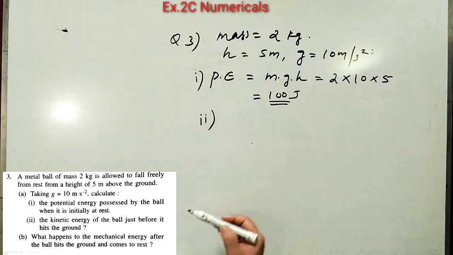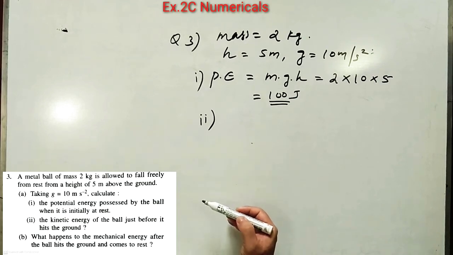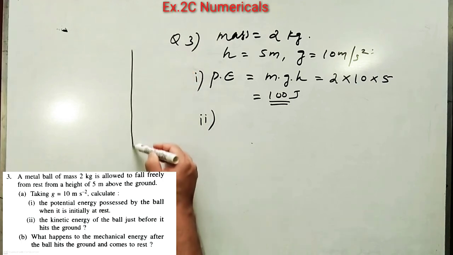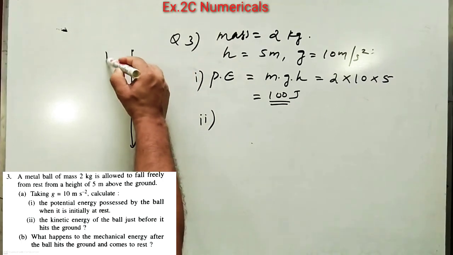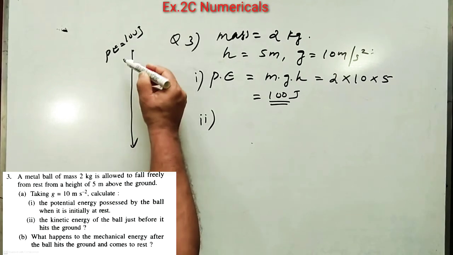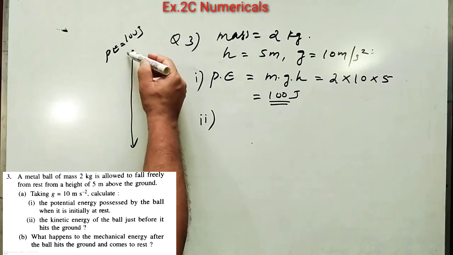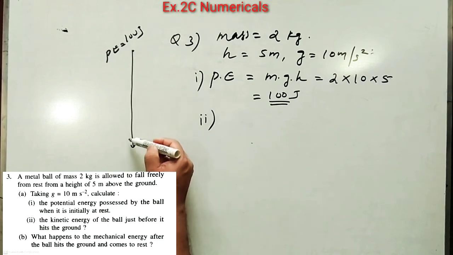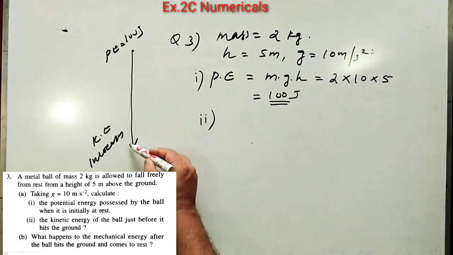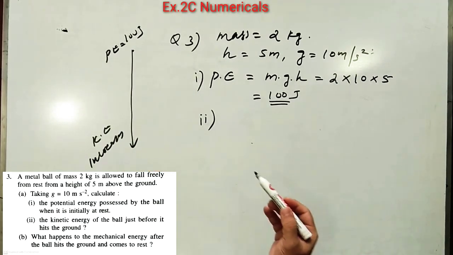Second part, the kinetic energy of the ball just before it hits the ground. Now the ball is falling down from the greatest point where potential energy was 100 joule. When the body falls, the potential energy decreases and the kinetic energy increases by the same amount. So what we can write?